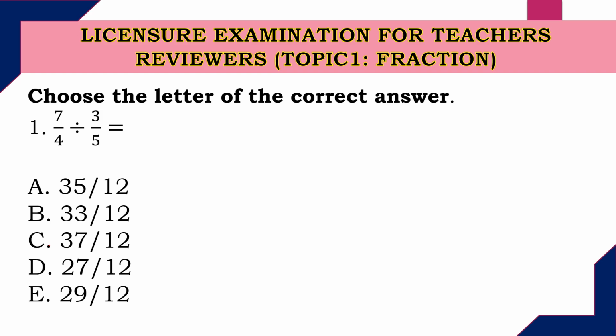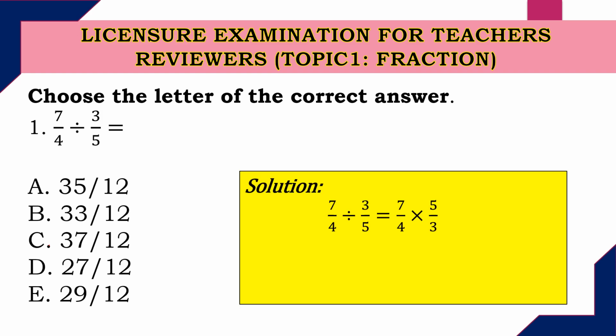Since the operation is division, we get the reciprocal of the divisor and then proceed to multiplication. So we have 7/4 divided by 3/5 equal to 7/4 times the reciprocal of the divisor, which for 3/5 is 5 over 3.